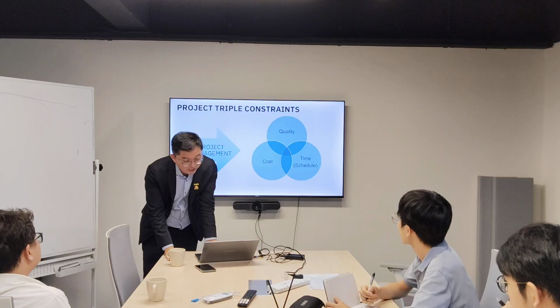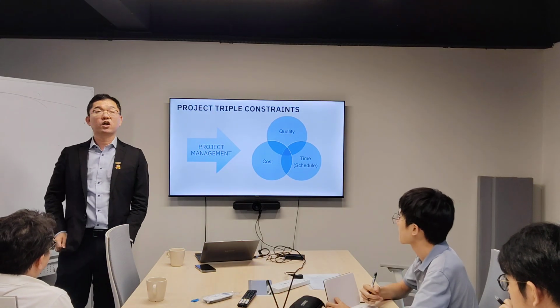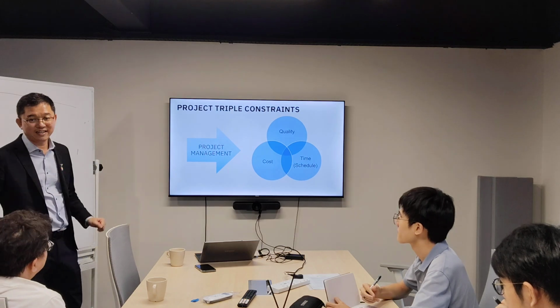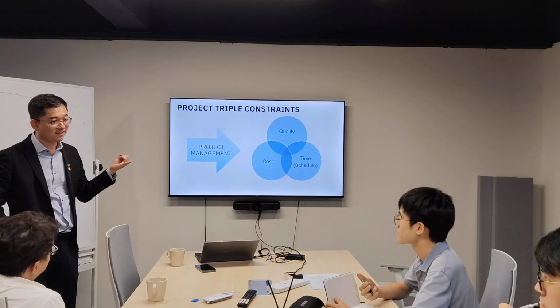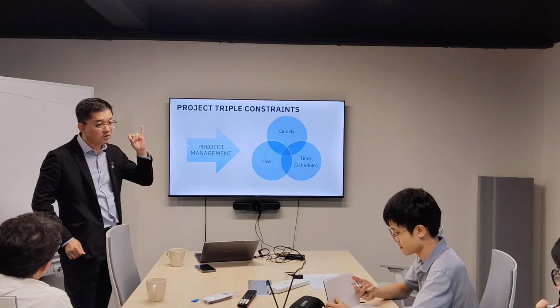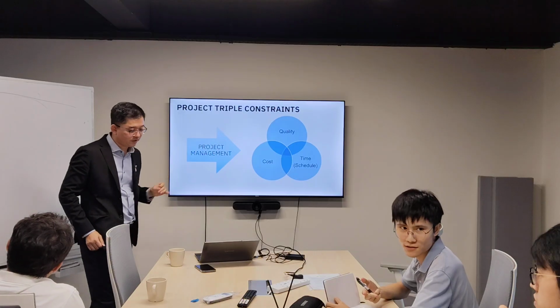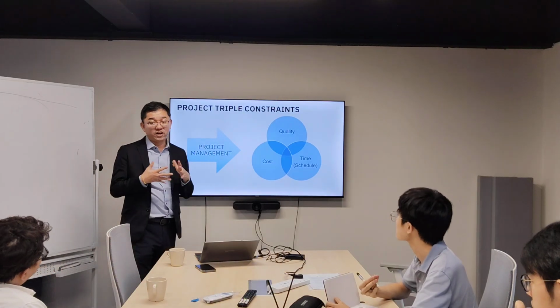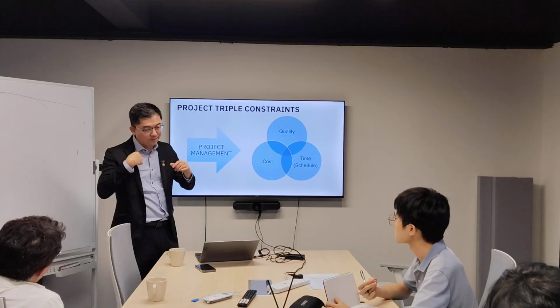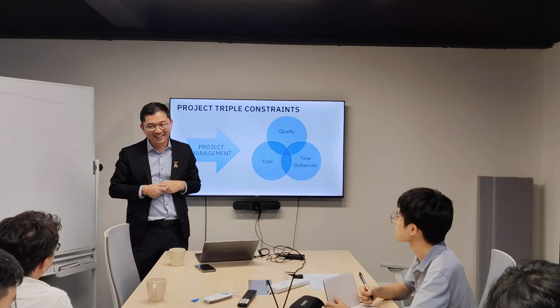So in project management, there are 3 project constraints. What are they? Scope, time, cost. These 3 are always related. Remember, without the scope, you don't know how much you need to spend.